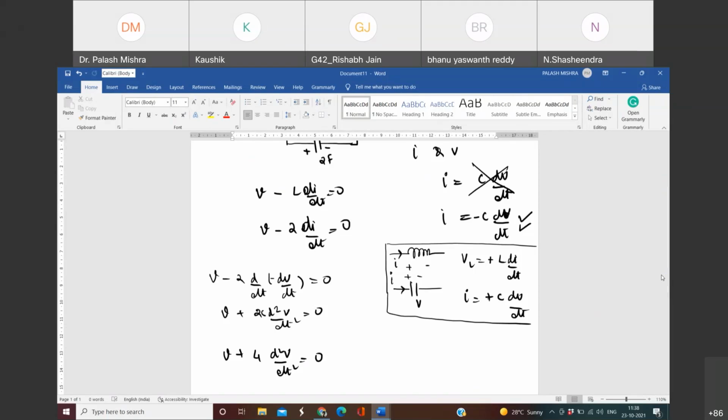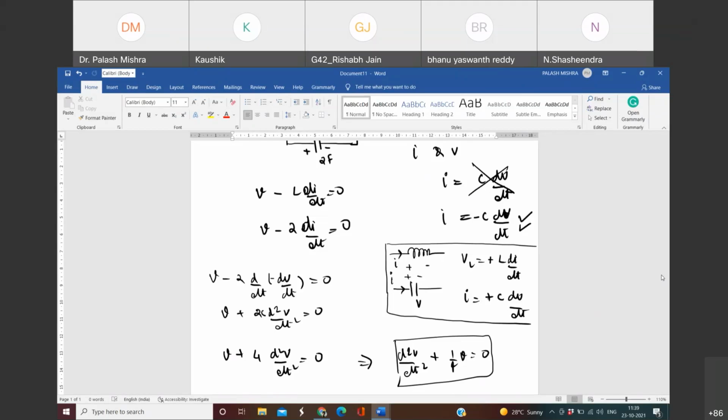Now if you just reduce it, it will be d square V by dt square plus 1 by 4 times V equals 0. Is it correct or not?